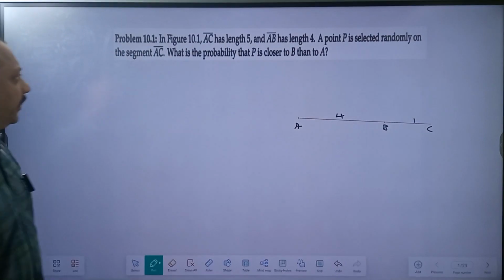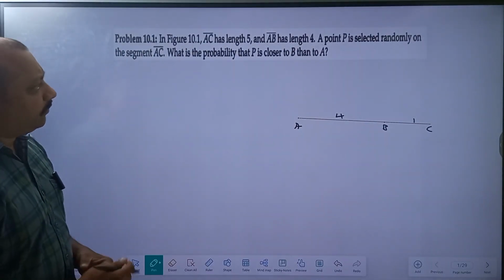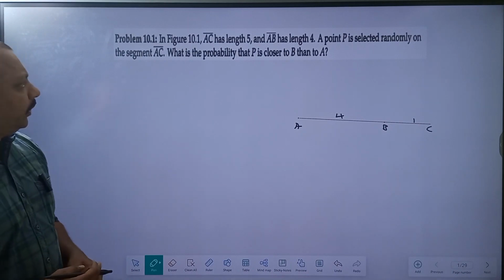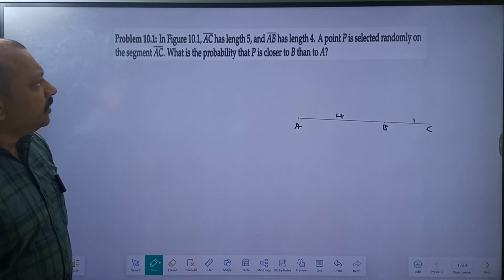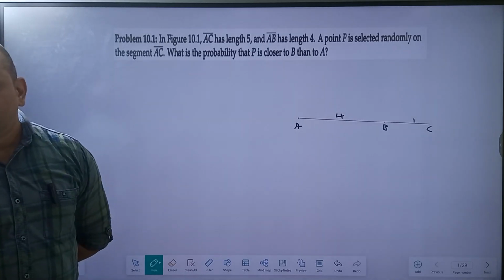Total length is 5. Now, what is the probability that P is closer to B than to A?